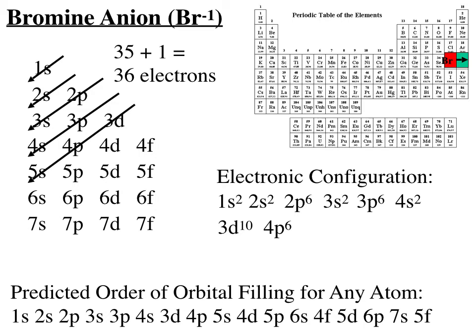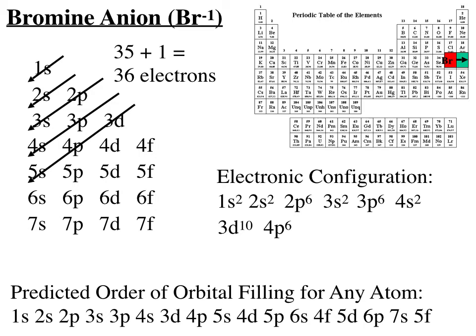So once again, now I have 36 total electrons, including the extra electron for the -1 anion that I need to populate. So I just begin going through my triangular formation, filling them up to their max, 2 electrons per S, 6 electrons per P, and in this case I will need some electrons in the D as well.